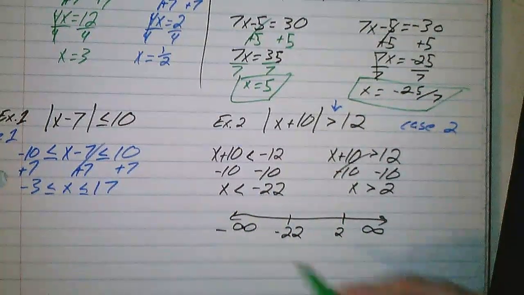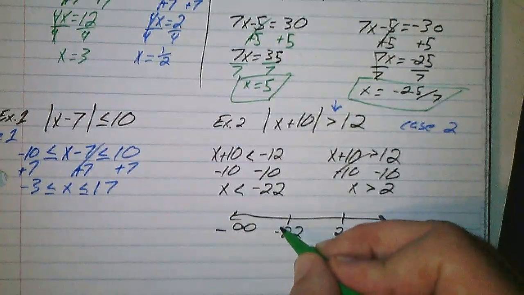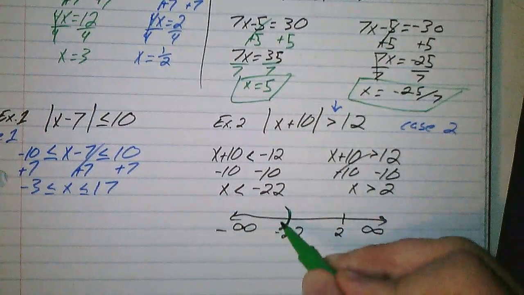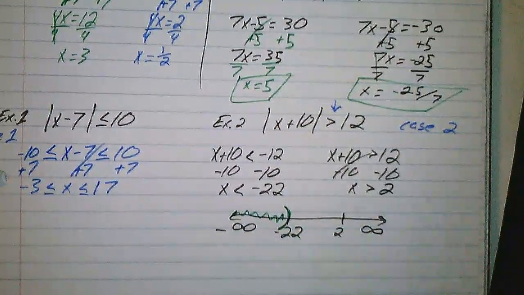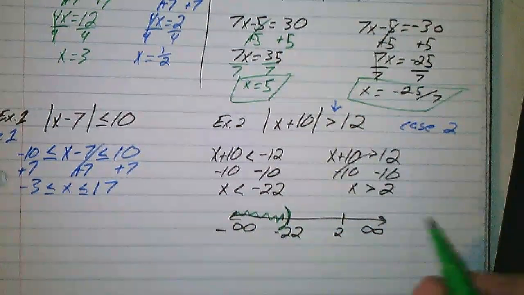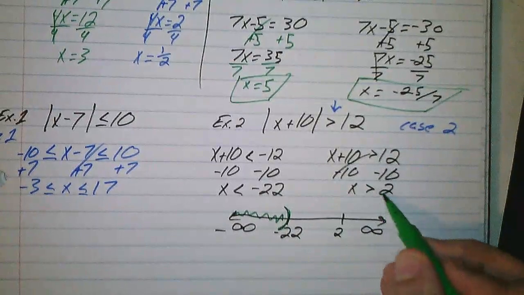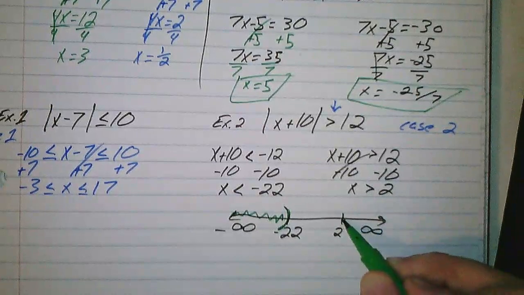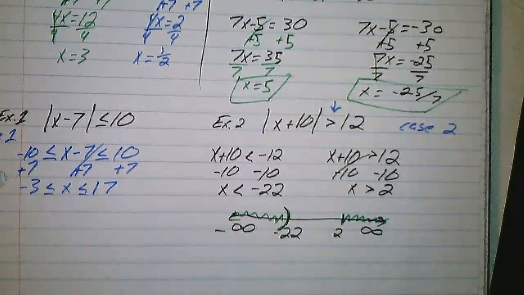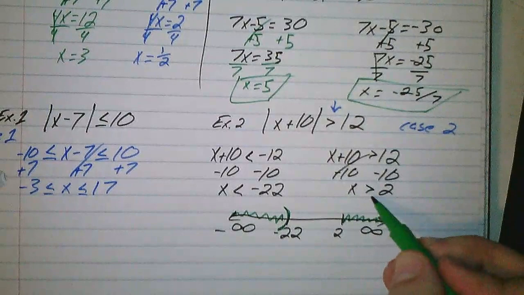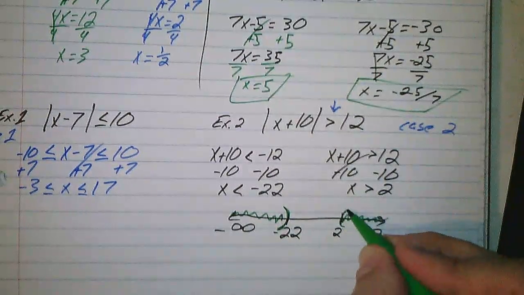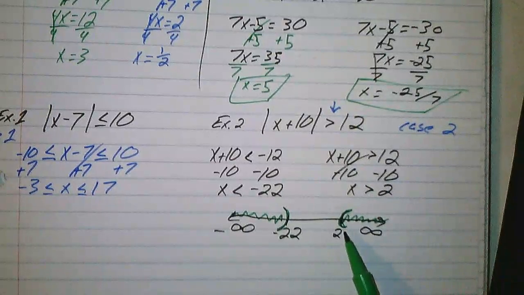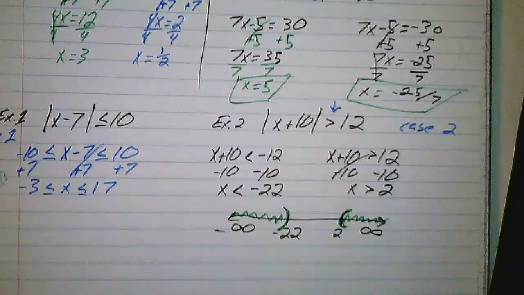To put that together on a number line, we would have an ending parenthesis at negative 22, and we would shade this direction. Over here, x is everything greater than 2. So we're pointing in the direction of positive infinity, so we shade that direction. We get an opening parenthesis at 2, and then shaded to infinity.